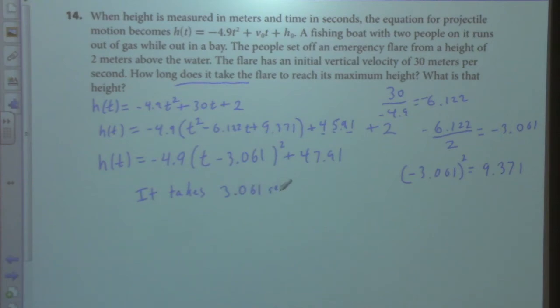Seconds. It says at what height to reach height of... what's our height reached? 47.91 feet.